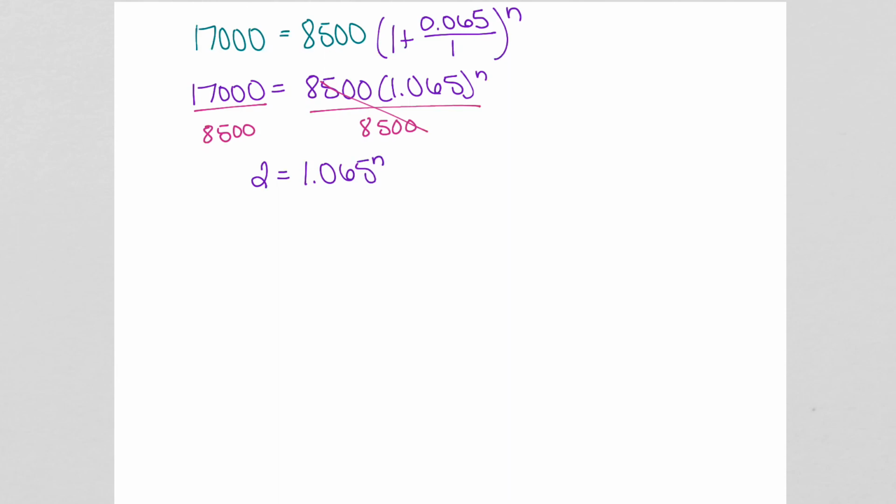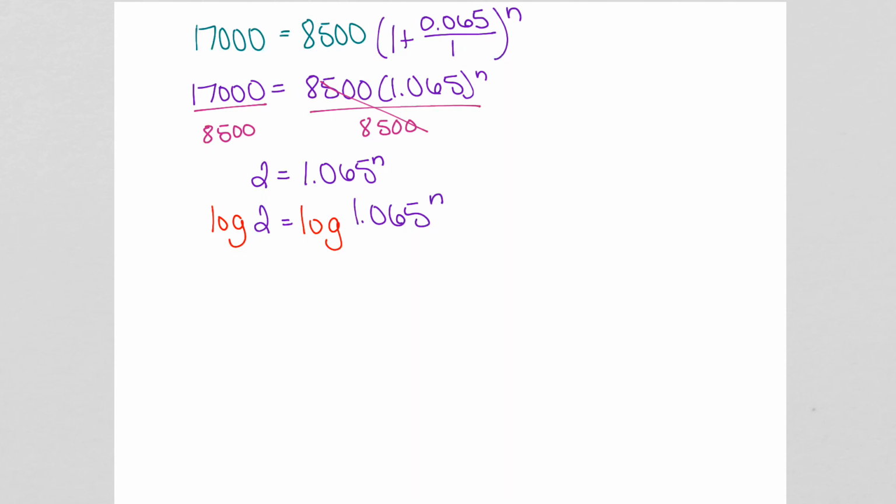Now, in order to get that n down, we have to take a logarithm. So here's what we do. We take the log of both sides. So we're doing the log of 2 and the log of 1.065 to the n.